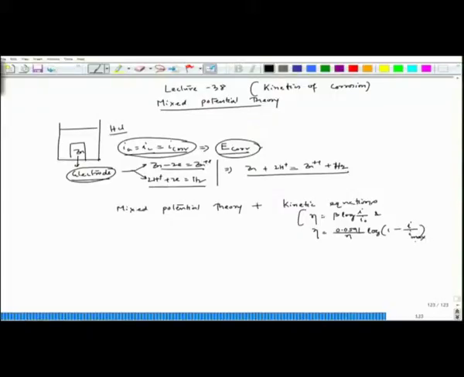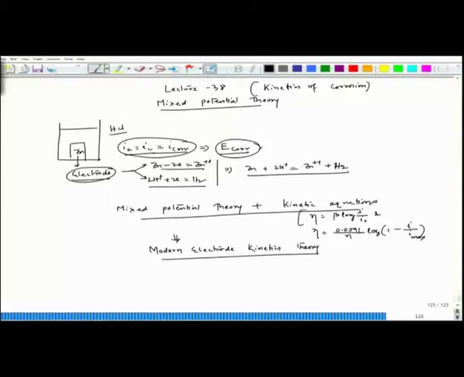These two equations, if we combine them, we would see that it leads to modern electrode kinetics theory. So it would lead to modern electrode kinetics theory, through this combination of these two.